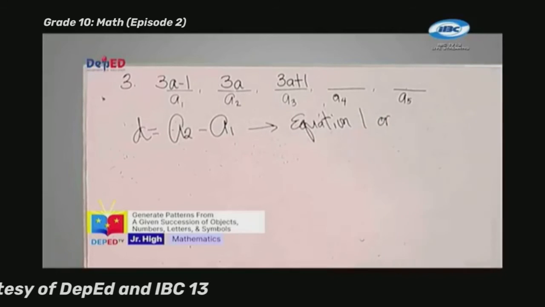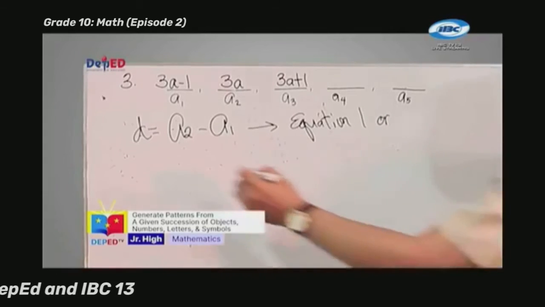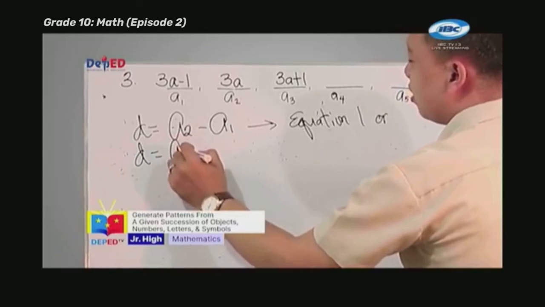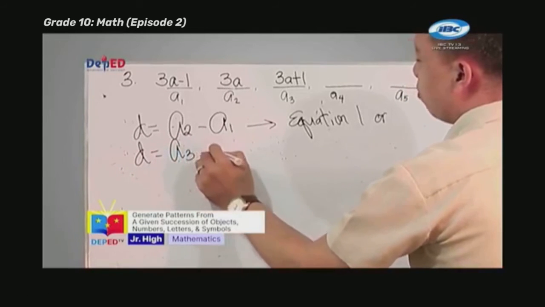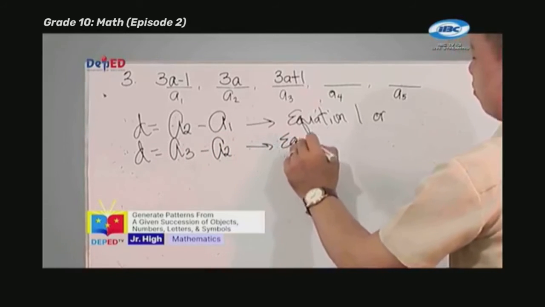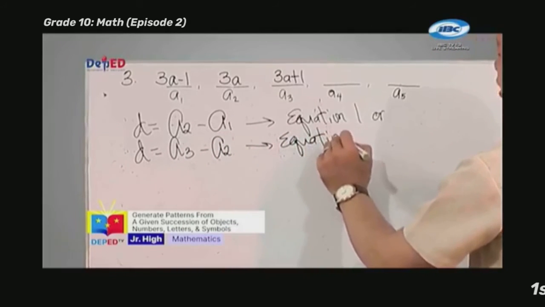Or, we can also use d is equal to the difference of a sub 3 minus a sub 2. This will be our equation 2.